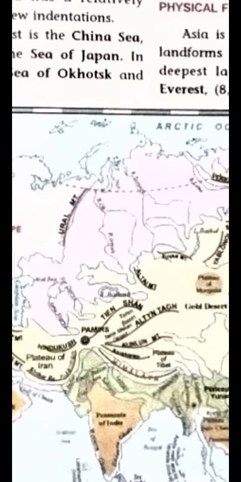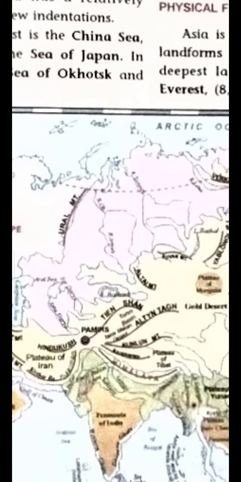The Himalayas are the highest mountain ranges in the world. Mount Everest, the highest peak of the world, is a part of the Himalayan range. So we have the Mount Everest, which is the highest peak in the world and which measures 8,848 meters high.